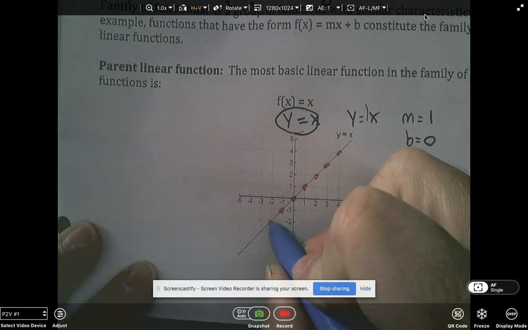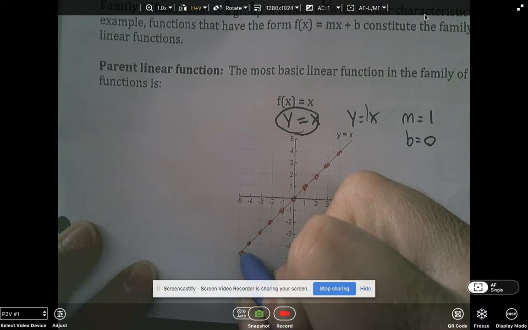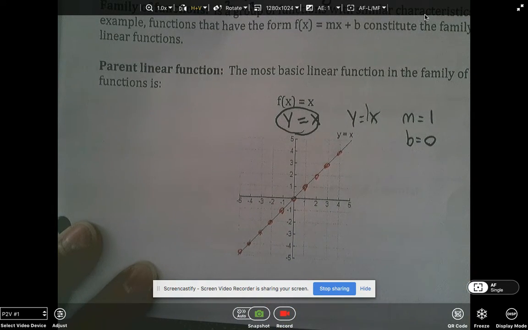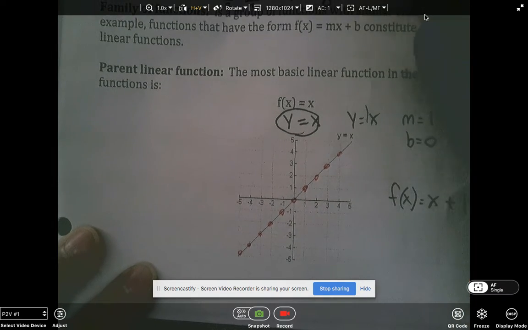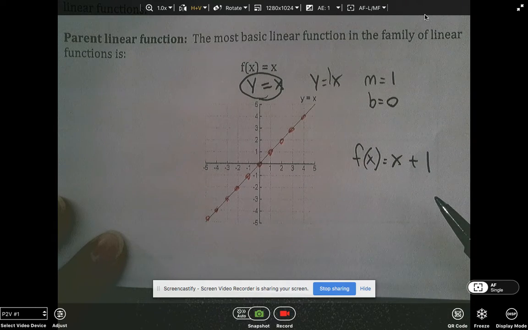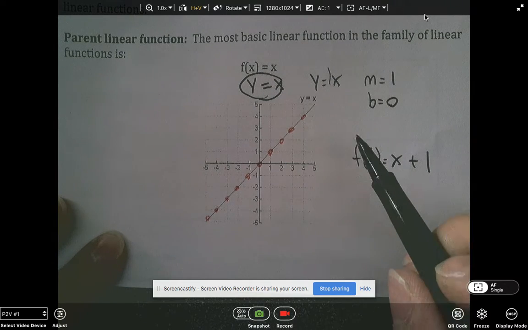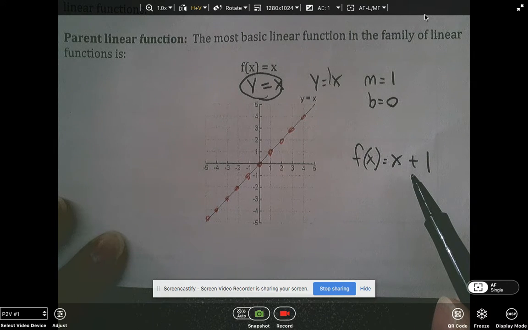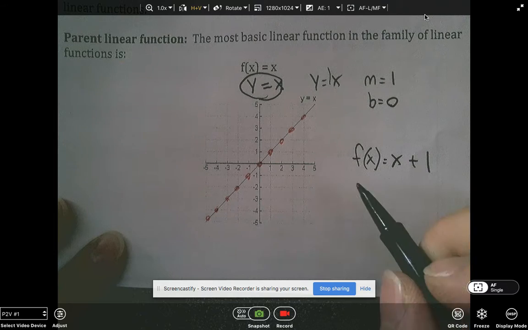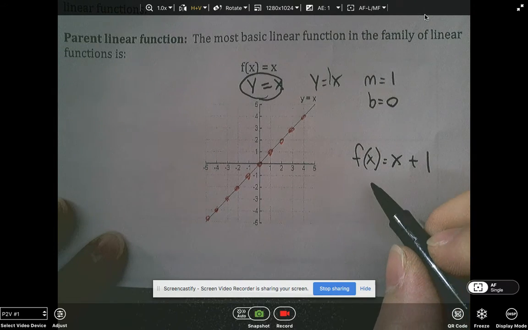Let's say we wanted to compare it. F of x equals x plus 1. If I was to graph that, what would be the difference between f of x equals x and x plus 1? Hopefully you said it would just go up 1 and have the same slope and be parallel.